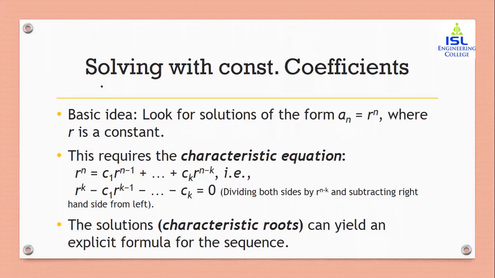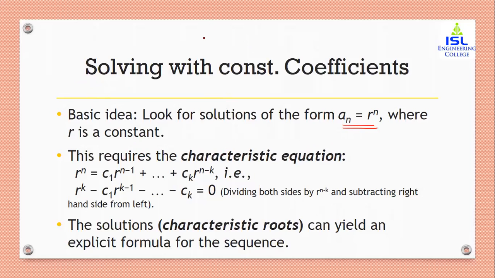First and foremost, the basic approach to solve them is to look for solutions of the form an = r^n, where r is a constant. So an = r^n is a solution of the recurrence relation.